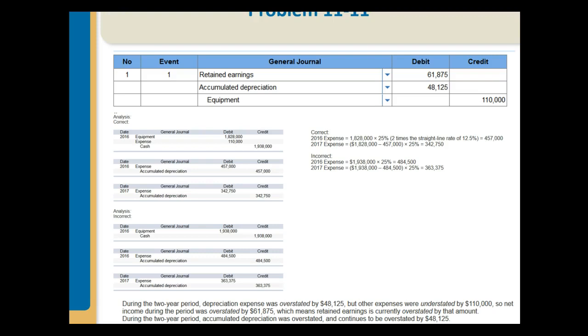So then, as you see, the depreciation expense along with the accumulated depreciation for 2016 and 2017 shows the corrected numbers, and you see what we incorrectly showed as the depreciation expense in 2016 and in 2017.